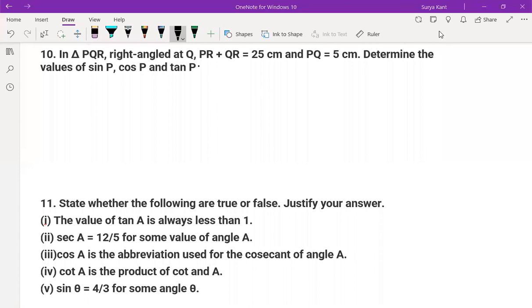In triangle PQR, right angle at Q. So first we just make the diagram over here.